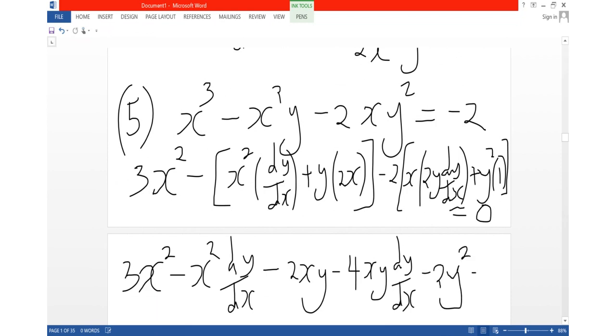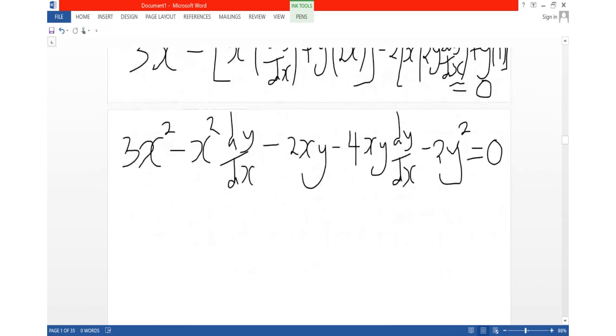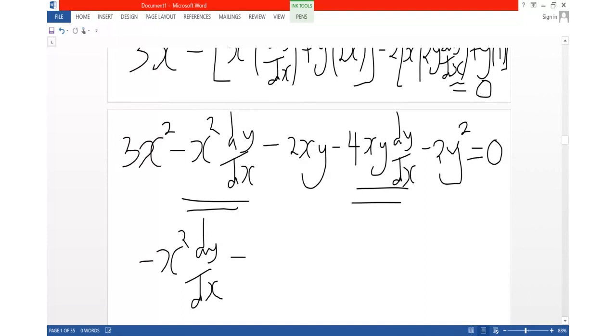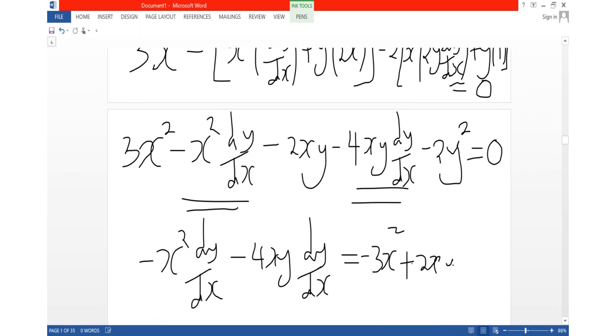So you can see what I'm getting. Very important for me. Now after doing that, the terms that have dy dx will remain on this side. So I'll have negative x squared dy all over dx minus 4xy dy all over dx. Then the 3x squared will become negative 3x squared on this side. I have a negative, which will become positive 2xy. I have another negative, which will become positive 2y squared. Now I do some factorization.